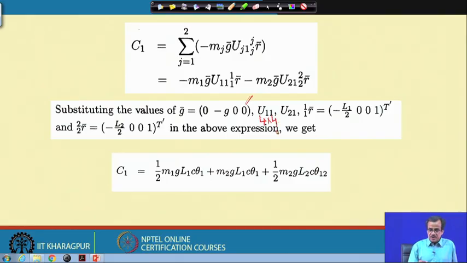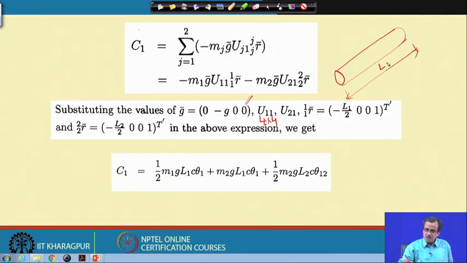Then comes this r 1 with respect to 1. How to determine r 1 with respect to 1? If I consider that this is my link 1, and for this particular link, supposing that the total length is L 1. So, its mass center is here.